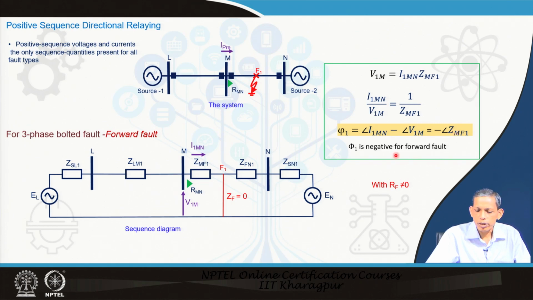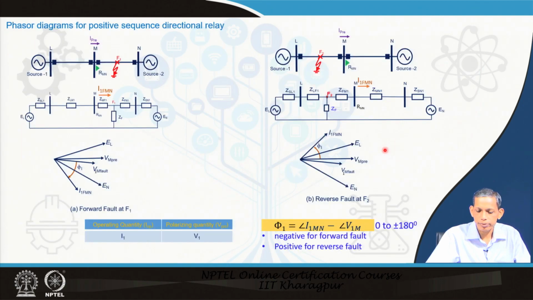So, even though with the RF value the corresponding angle decreases, we still see that phi 1 will be negative in general. So, in general we say that for a forward fault, phi 1, which is the angle between the positive sequence current and the positive sequence voltage, will be negative.